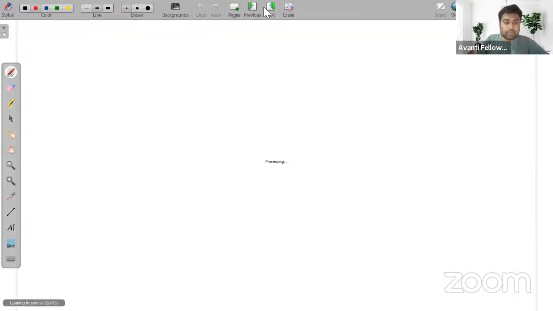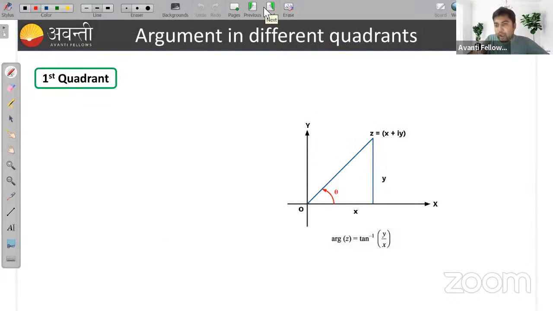Let's move on. Now we'll study how we can find the argument of a complex number in different quadrants. First we'll consider the first quadrant. Suppose the complex number z, which is x plus iy, is lying in the first quadrant.